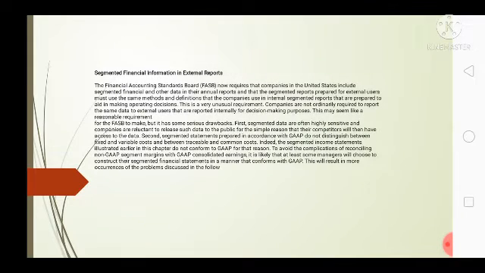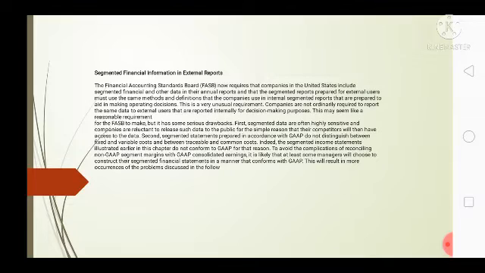Continuing with my last topic, segment financial information in external reports. The Financial Accounting Standards Board now requires companies in the United States to include segment financial and other data in their annual reports. The segment reports prepared for external use must use the same methods of definition that companies use in internal segment reports prepared to aid in making operating decisions.